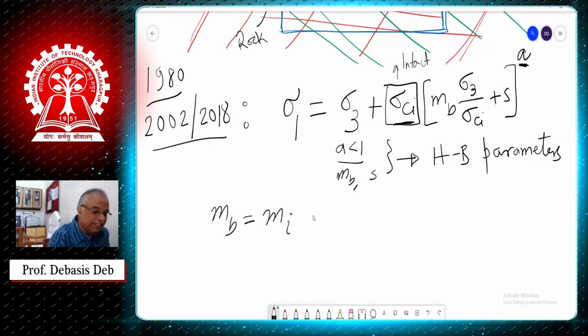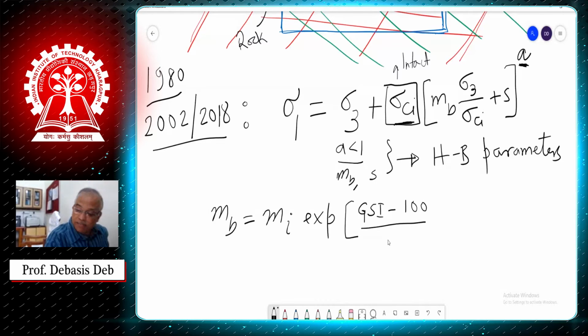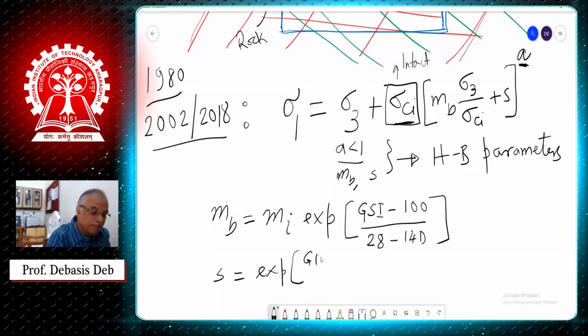MB is written like this: exponential GSI minus 100 by 28 minus, I think, 14D, and S is, let me just check whether I'm writing here, exponential GSI minus 100 by 9 minus 3D.